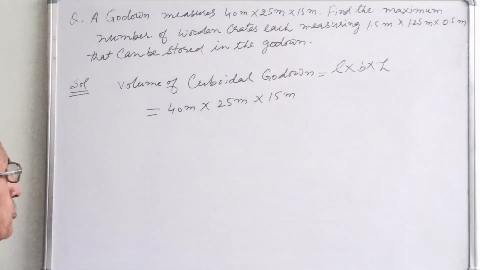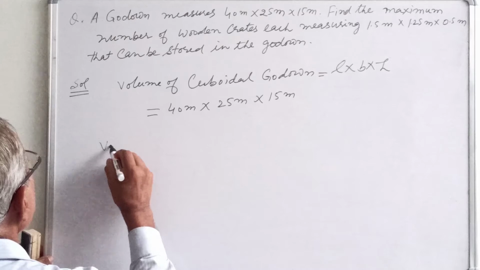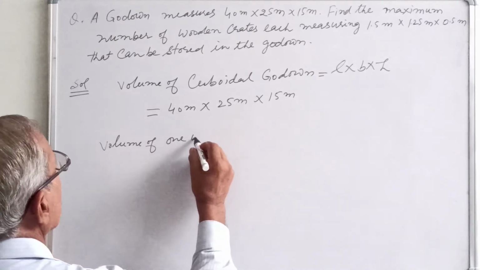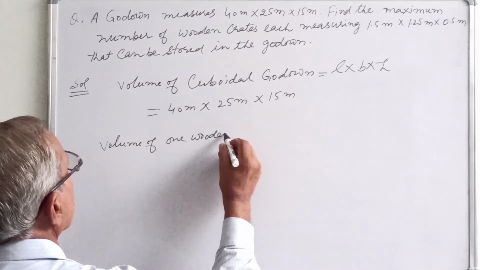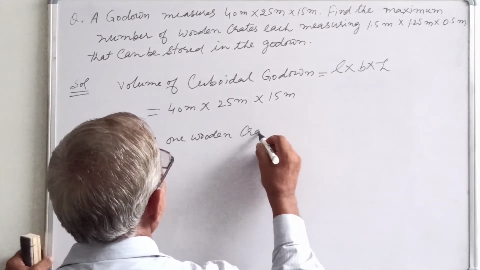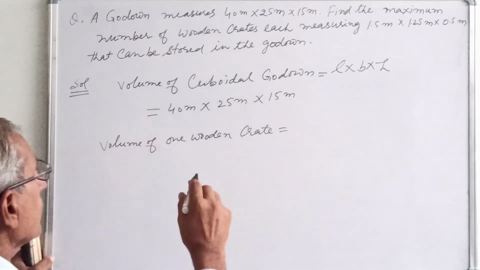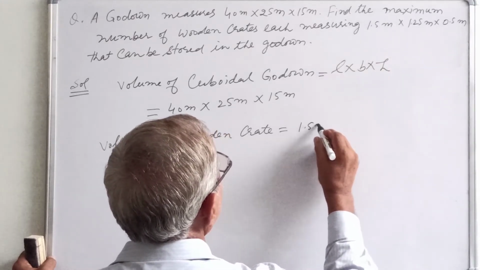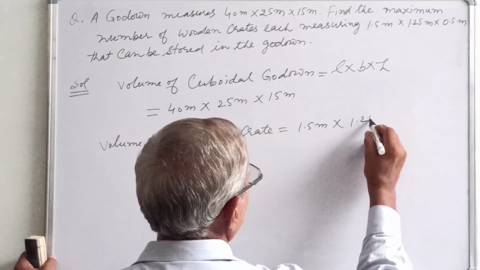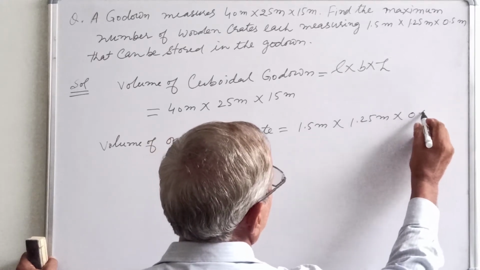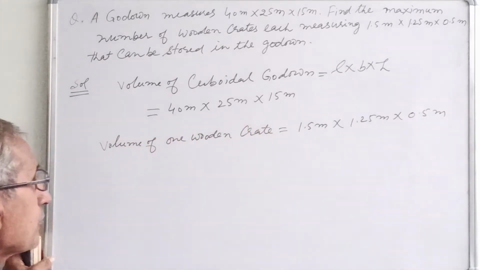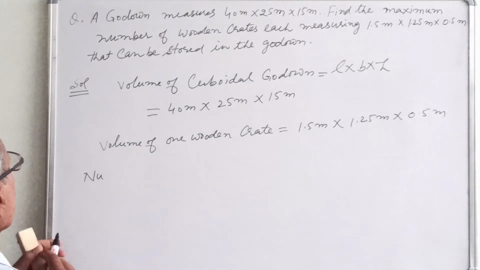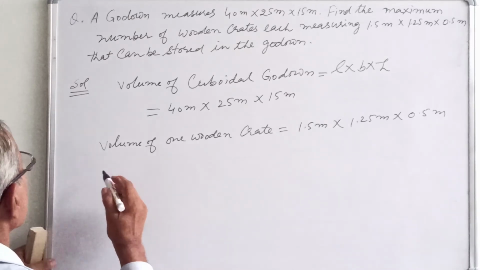So that will be in meter cube. And volume of one wooden crate, again that is also cuboidal. So length, breadth and height, that is 1.5 meter multiply 1.25 meter multiply 0.5 meter. So number of the crates, maximum number of the crates that can be stored.